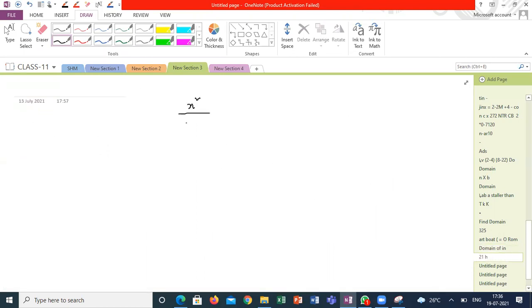X square by 1 plus x square. Think over it and let me know, guys, again. Sir, is it 0 to 1? 0 to 1. Which is closed, which is open? Sir, closed is 0 and open is 1. Correct.